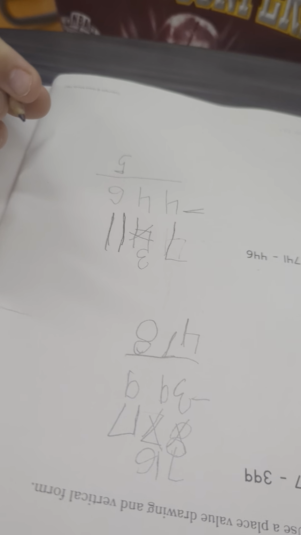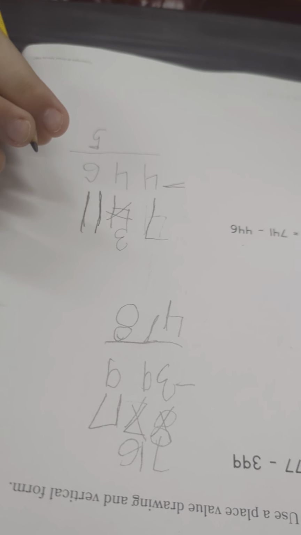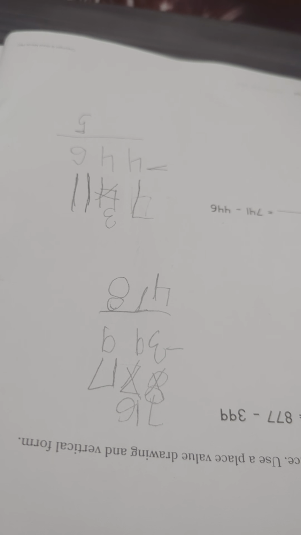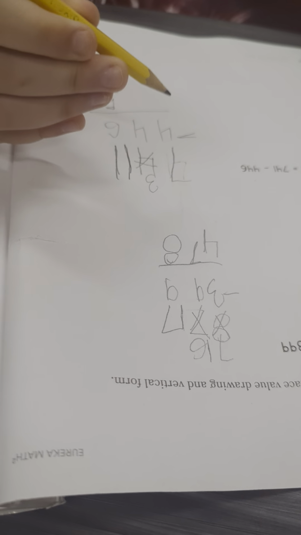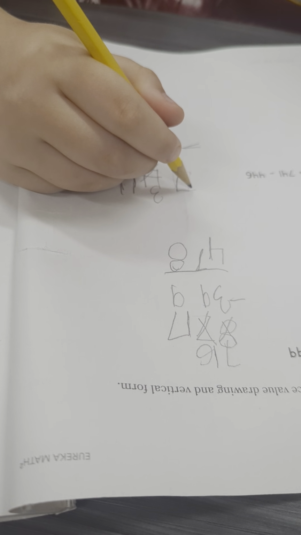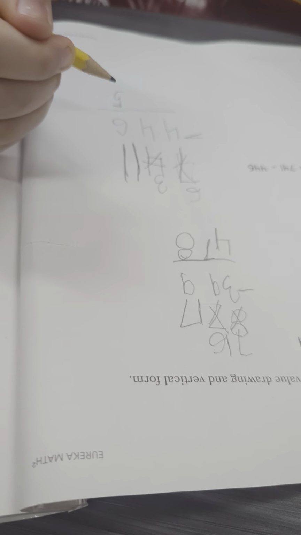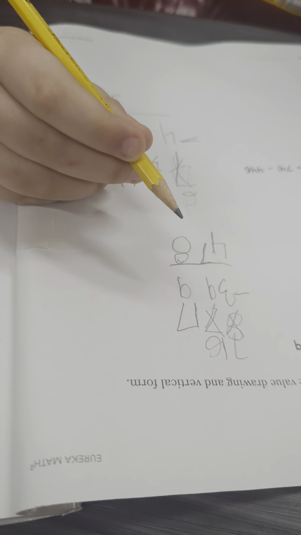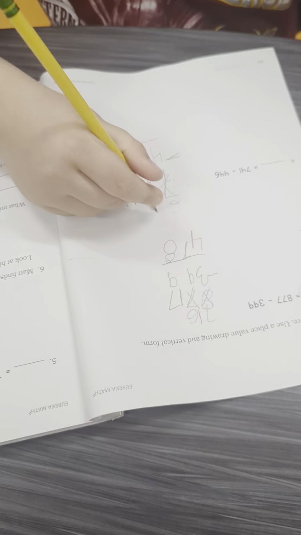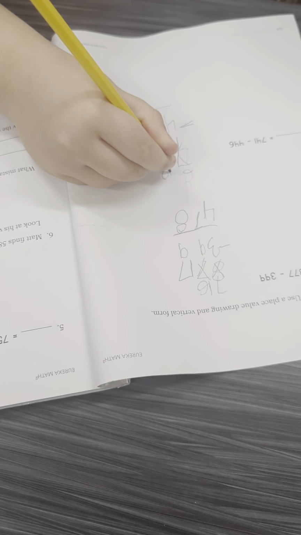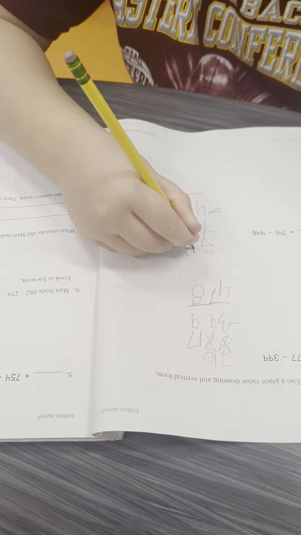Now what do we do? We can't take away, so we're going to unbundle the 7 into a 6. There you go, Chris. Then it's going to be 13. Look at you, you're getting it.